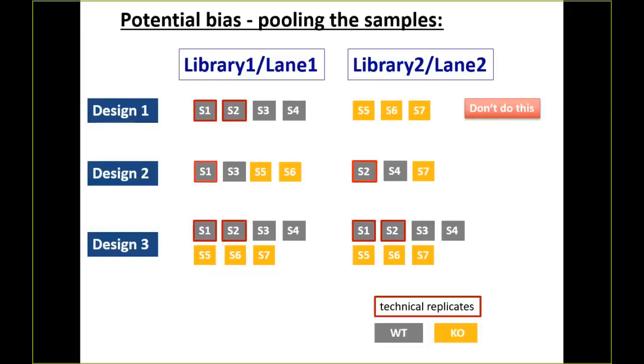Yeah? So at this point, you're just talking about a library that has been divided into 2 lanes, or were they the same sample but produced as 2 different libraries? So a little bit of both, actually. These are going to be multiplexed, so they're going to get that barcode.